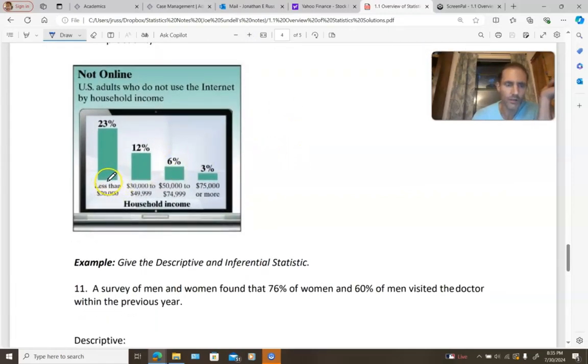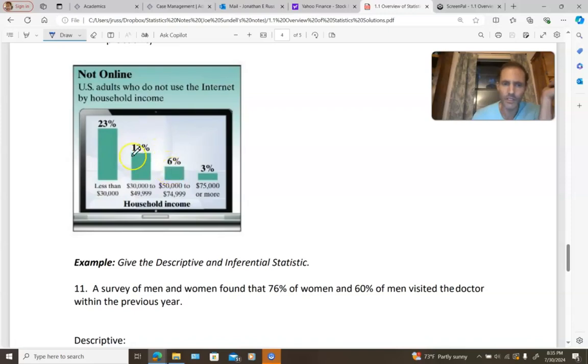So if your household income is less than $30,000 a year, then 23% of all those households are not online, essentially. And then if the household is making between $30,000 and $50,000 roughly, then 12% of those households are not online.